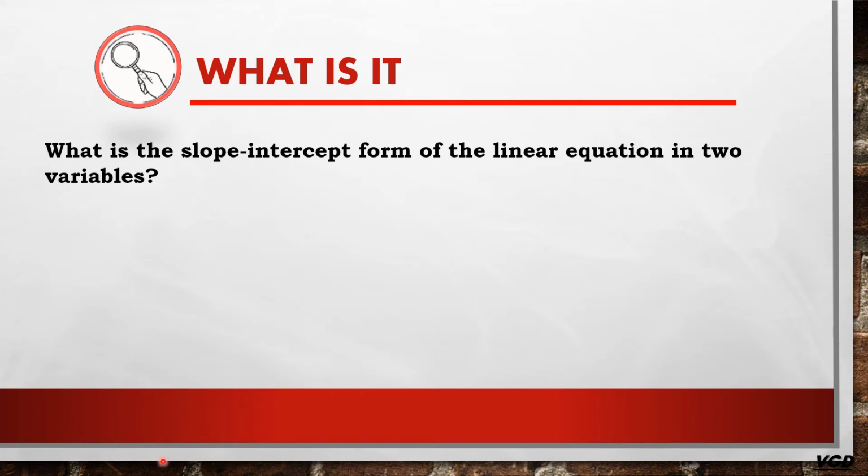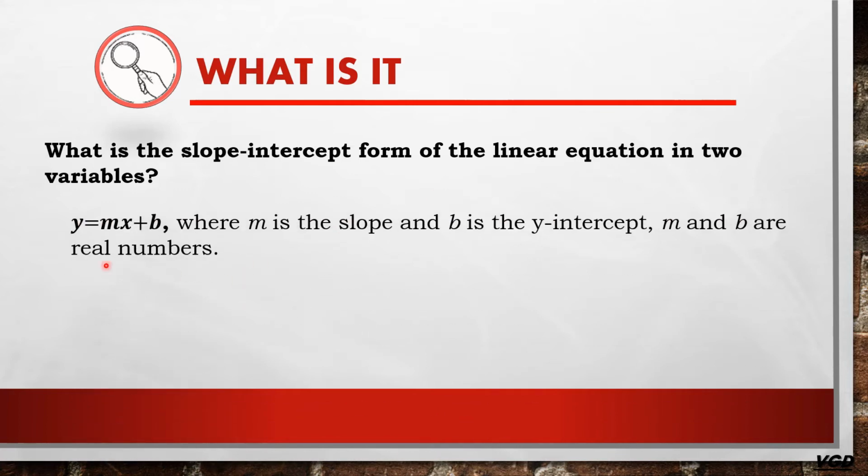Now, what is the slope-intercept form of the linear equation in two variables? The slope-intercept form is y equals mx plus b, where m is the slope and b is the y-intercept. And take note, m and b are real numbers.